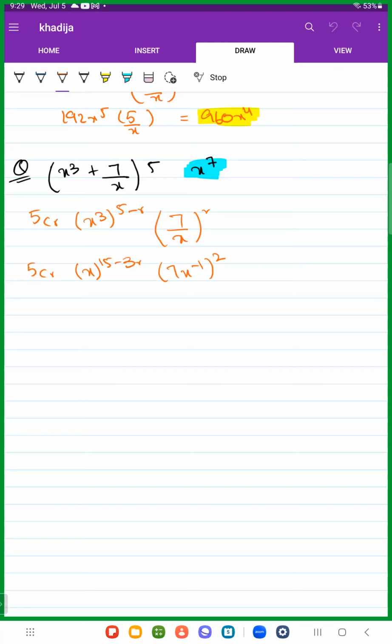It's going to equal 2. Yes. So then I'll do the term. 5C2 is going to equal.